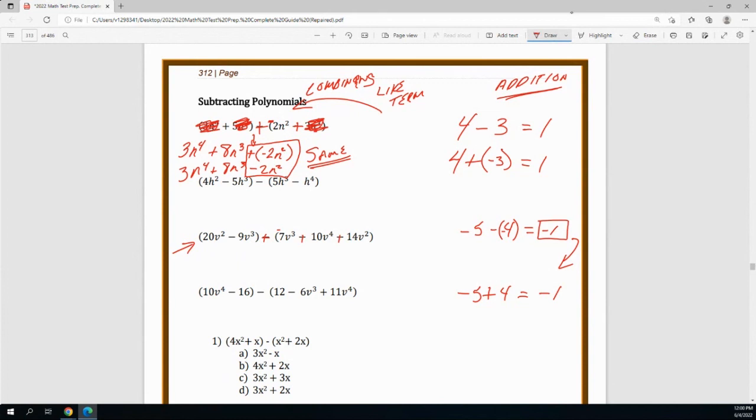Now, let's combine. Highest exponent, right there. So I want to write that first. Notice it's a plus, so that's a positive 10v to the 4th. That's gone. What's next? Well, I see a negative 7v to the 3rd and a minus 9v to the 3rd. How many is that?